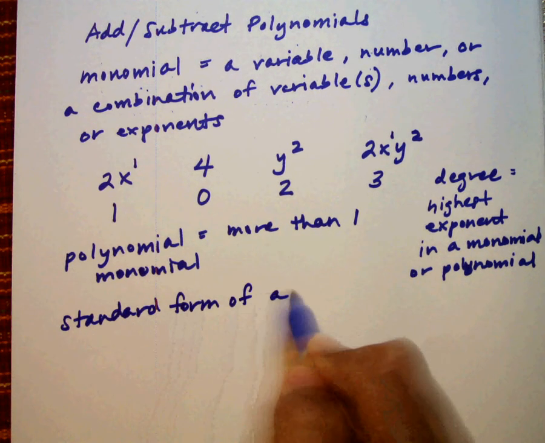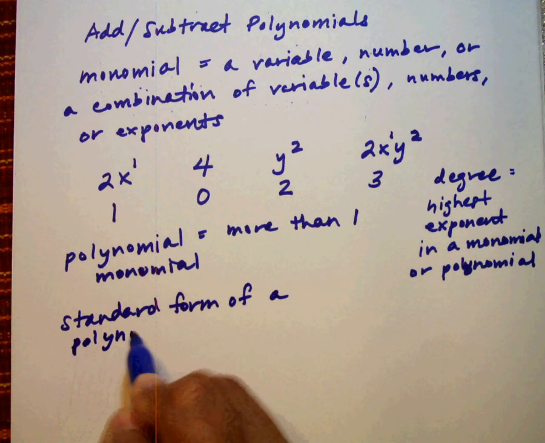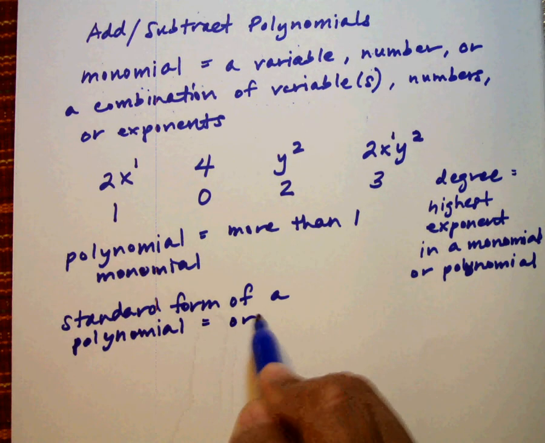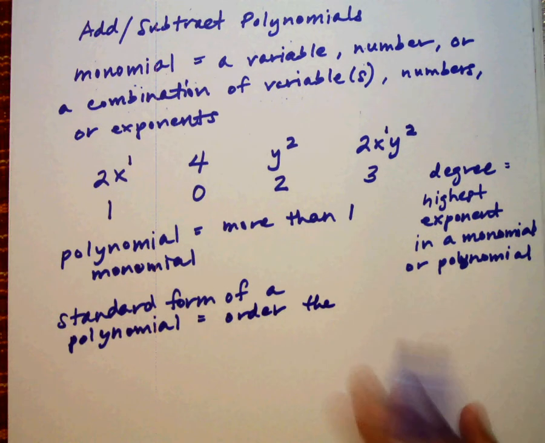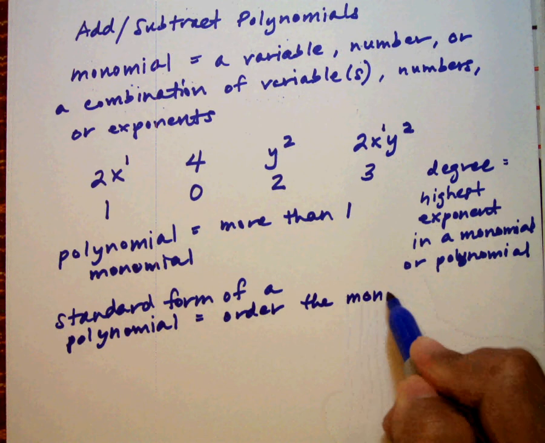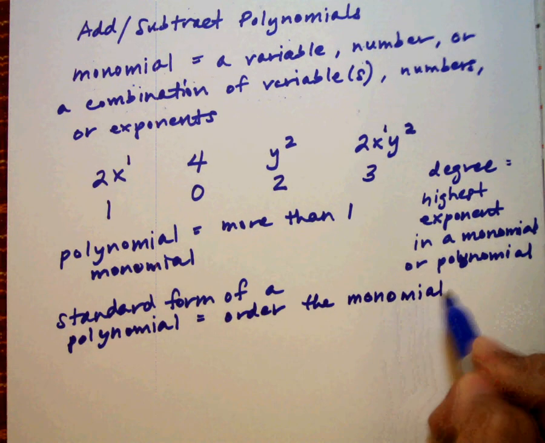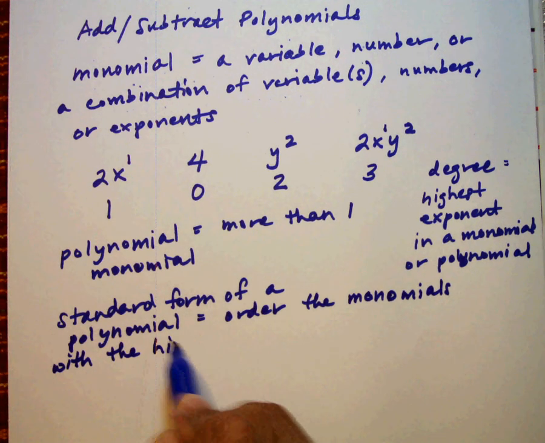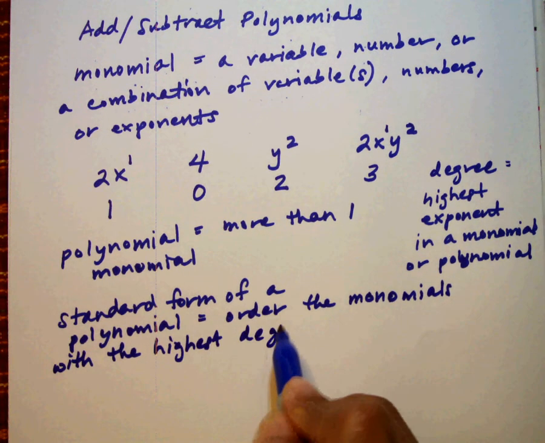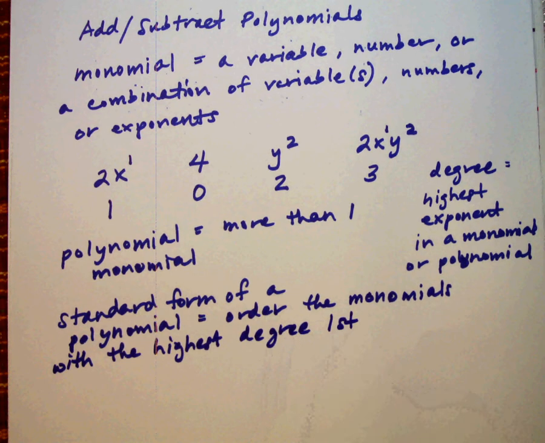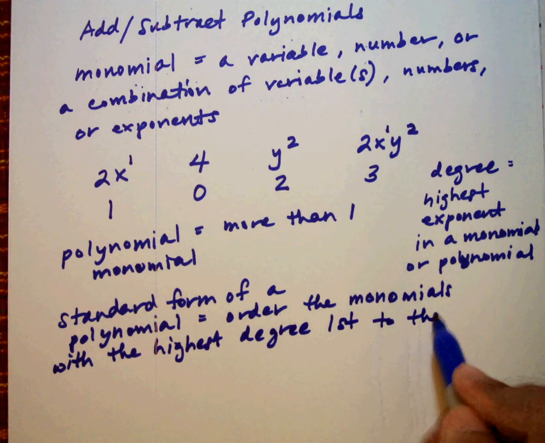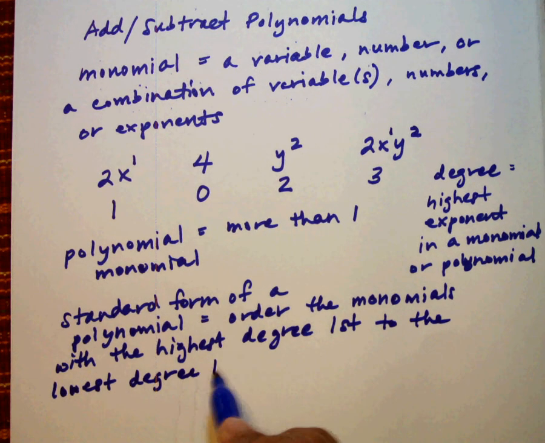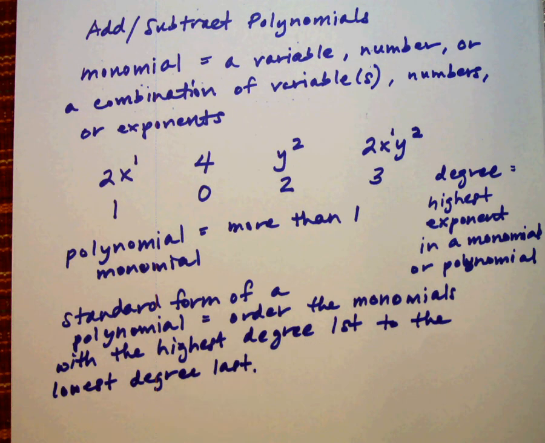Now, what do you mean by standard form? Well, the standard form of a polynomial is where you order the monomials with the highest degree first to the lowest degree last.